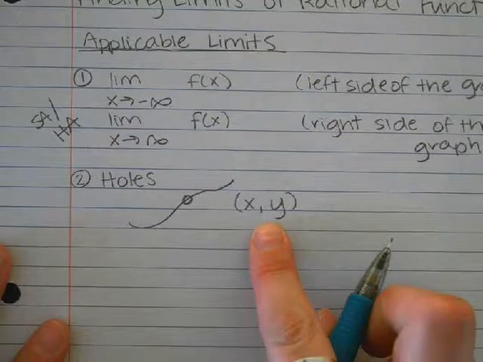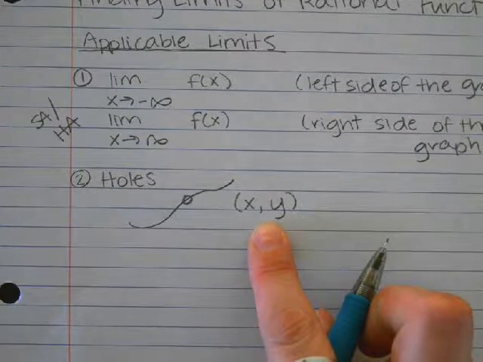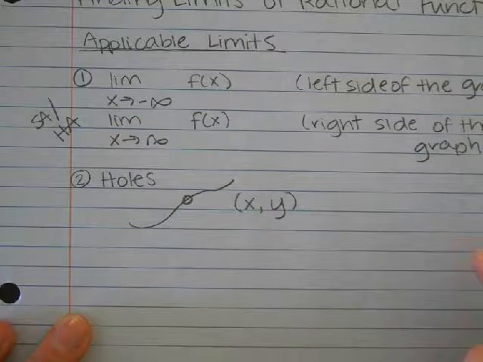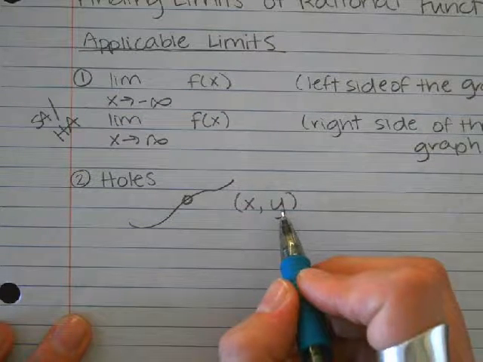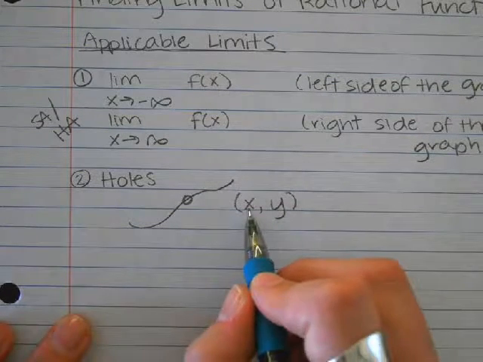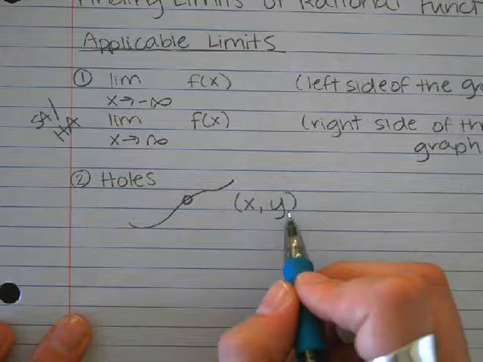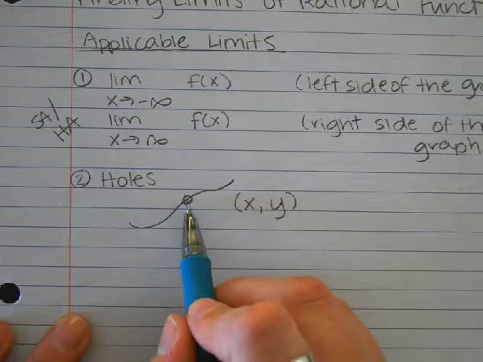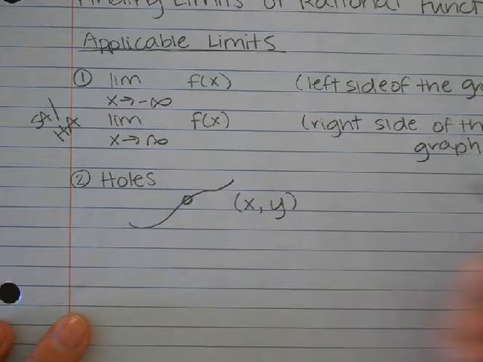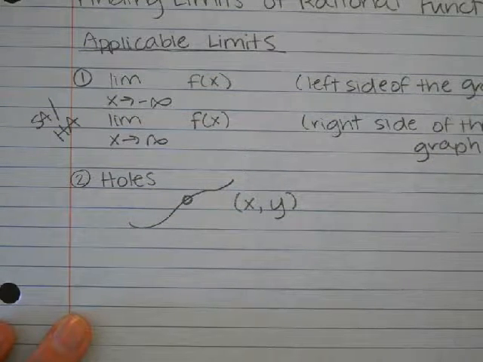Does that x coordinate and y coordinate actually show up on the graph? No, it's a missing space. So when we find the limit as x approaches the x value of a hole, the limit is always going to equal that y coordinate. The y value that should be there is the y coordinate of the hole. It's not actually there because it's a missing value on the graph.